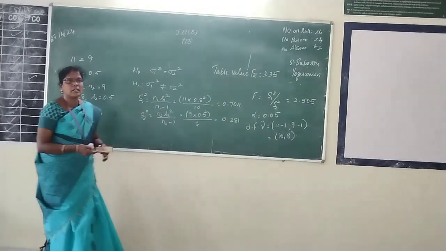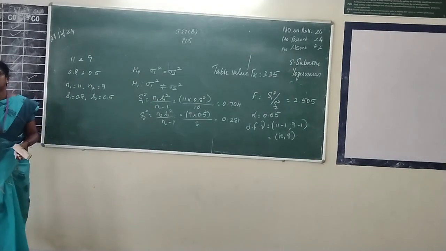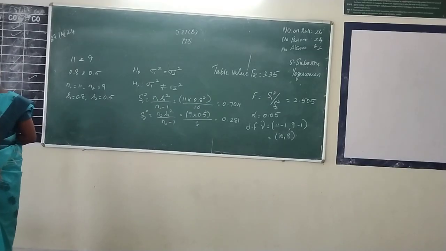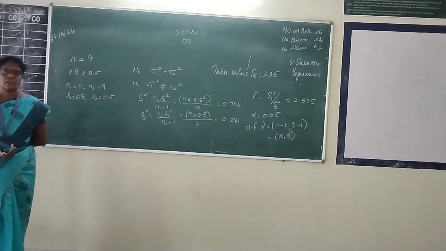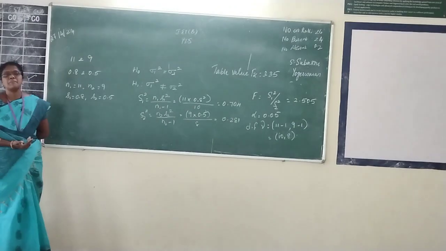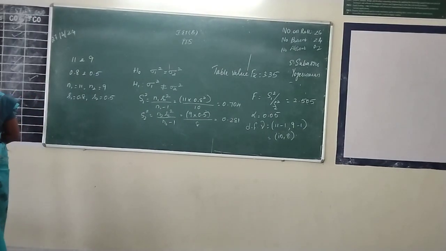So write a conclusion. Since modulus of calculated value is less than modulus of table value, accept H0. Accept H0 means what is the conclusion? Difference is there or no difference?